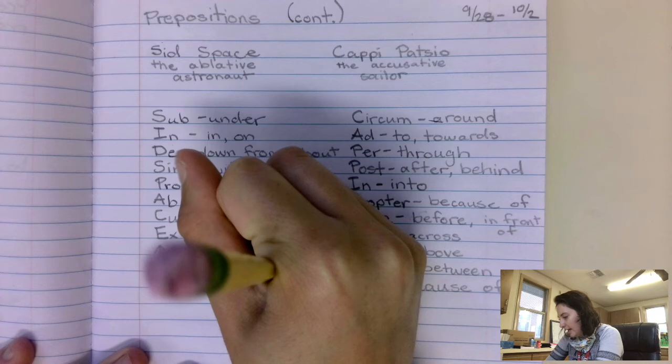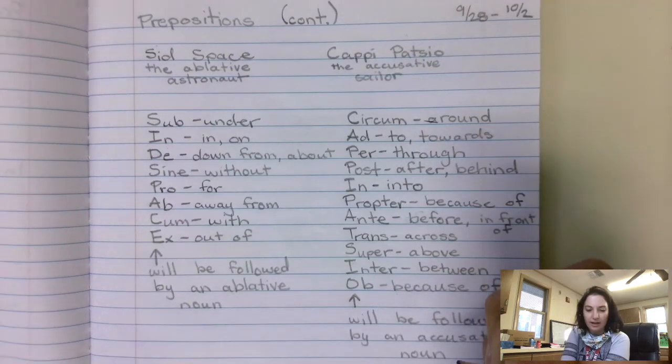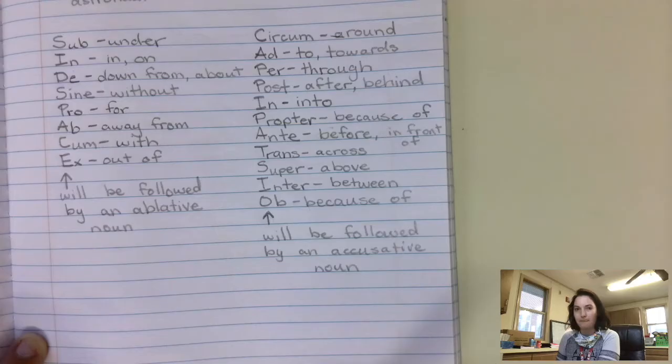For example, a lot of these are used in English. Like ex is used in the word exit. And sub, which means under, is used in words like submarine, which means under the water. So they should be somewhat easy to memorize.